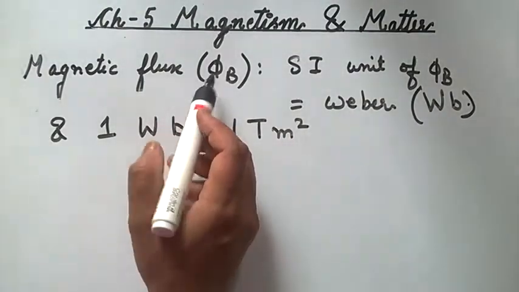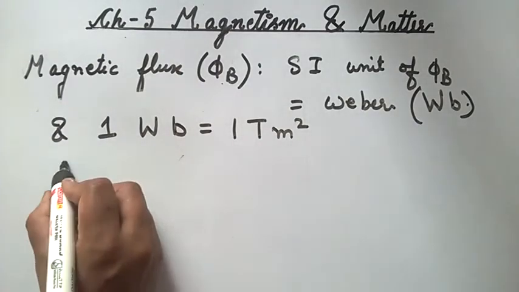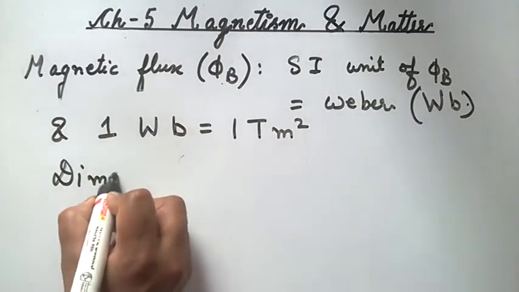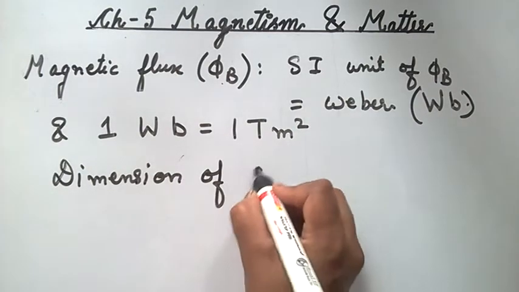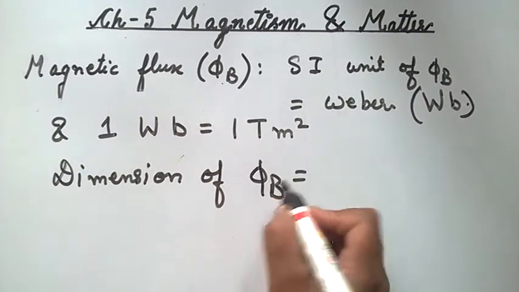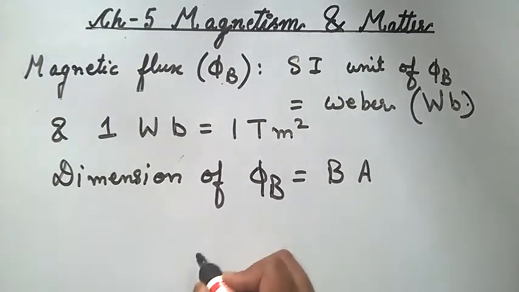And what are the dimensions of magnetic flux? Let's find. As magnetic flux is given as magnetic field into area.